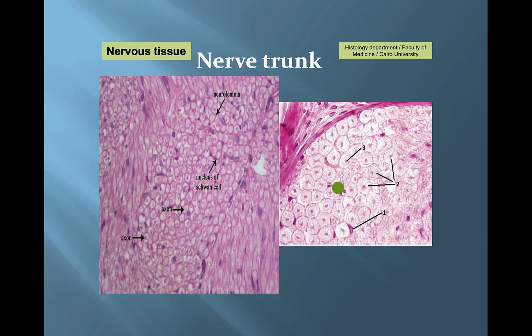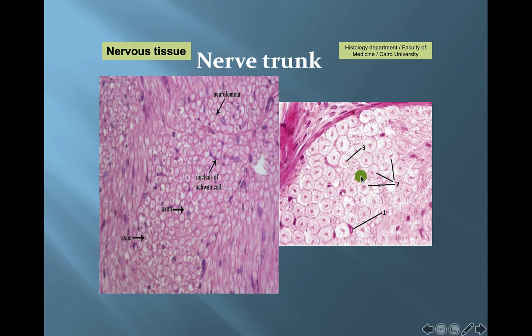And here inside the nerve bundle we have the nerve fibers formed of axon surrounded by an area for myelin sheath, and then we have the neurolemmal sheath, and you can see the nuclei of the Schwann cell. In between them we have a very delicate, very pale connective tissue formed of reticular fibers, and it is called endoneurium.